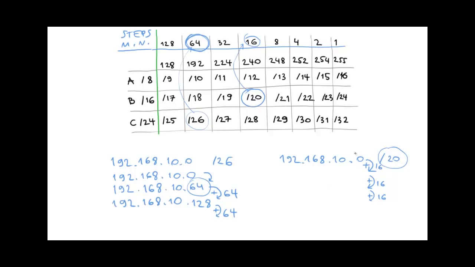So remember, we're working within one octet here. These values don't change. Only these values change for the subnet mask. So 0, 16, next 32, next 48. So these are subnet addresses, subnet values that use the /20 subnet mask.